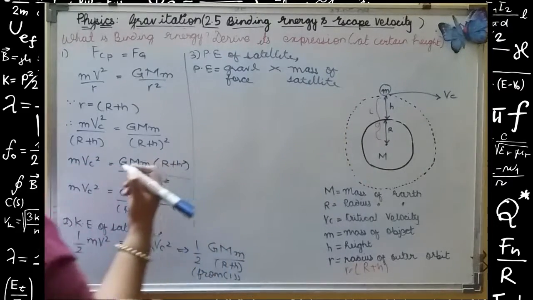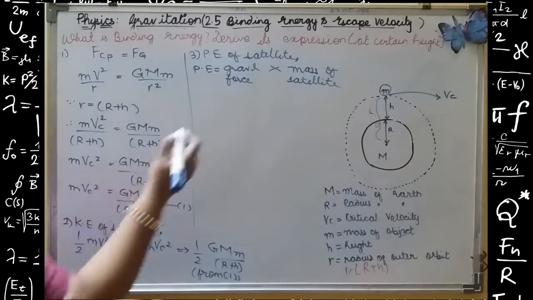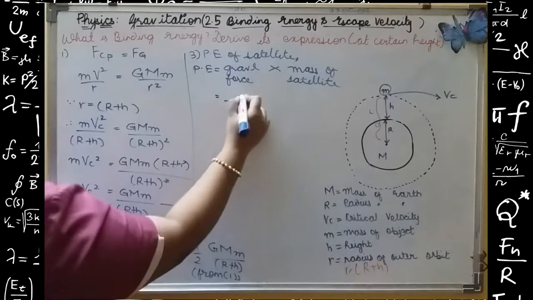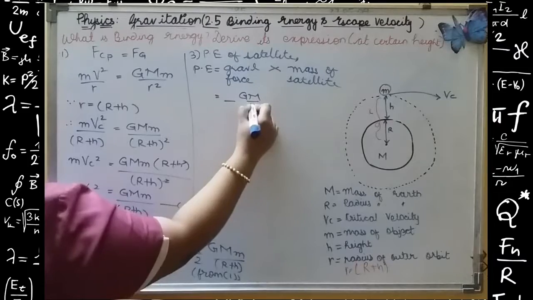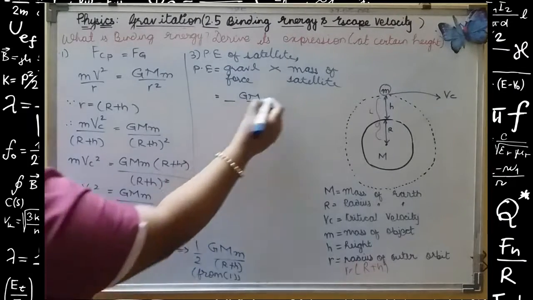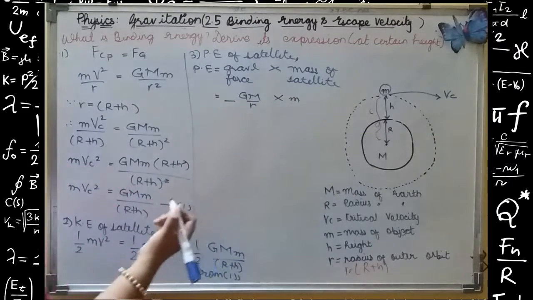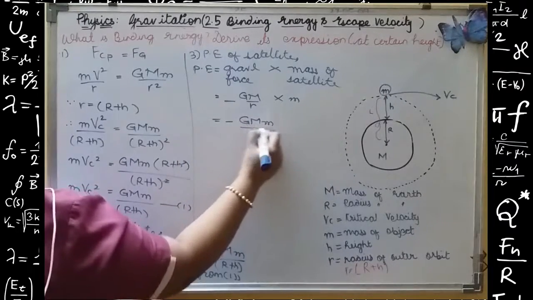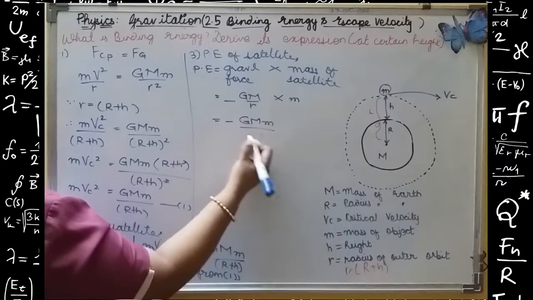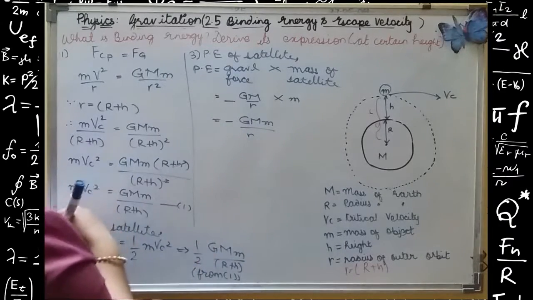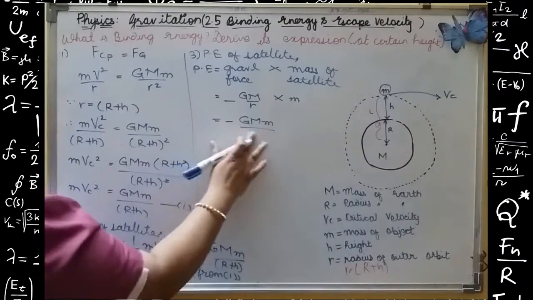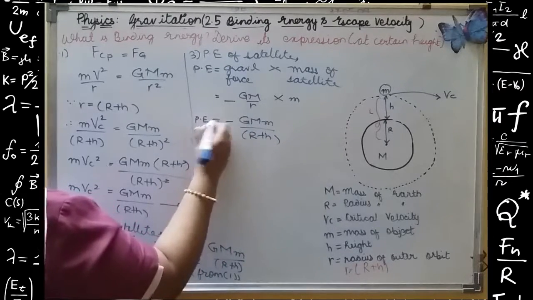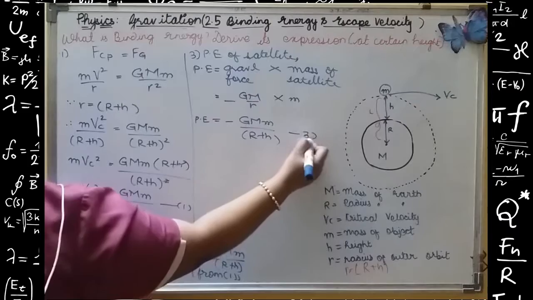The gravitational force would be nothing but minus GM upon r, and the mass of the satellite is m. It would become minus GMm upon r, but we know that r is equal to R plus h, so I am writing it down here, R plus h. So this is equation number 3.